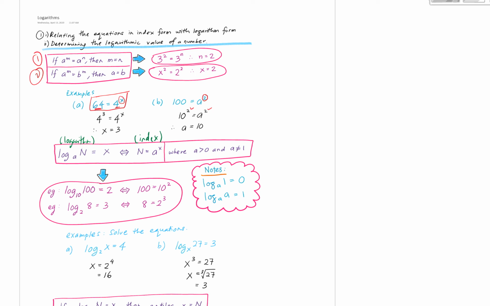Yang mana kalau you ada log A n equals to X, sama juga kalau kita tukar dalam bentuk index adalah n sama dengan A power of X, where A must be greater than 0 and A cannot equal to 1. So ini syaratnya.